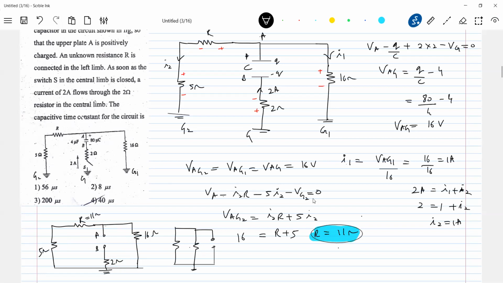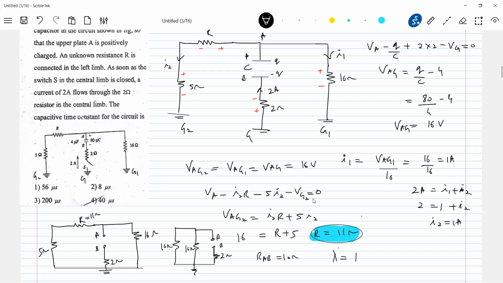Sir, what to do with that earthing? The earthing just means that they are connected to a common point. 16 ohm, 16 ohm in parallel gives 8 ohm, in series with 2 ohm, so it will be 10 ohm. So we got RAB as 10 ohm.